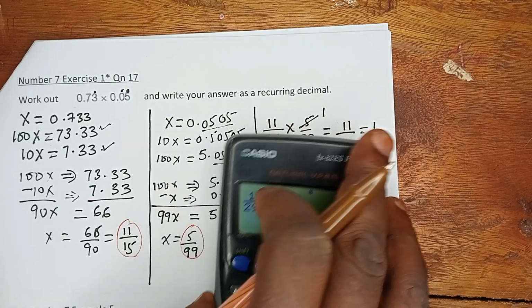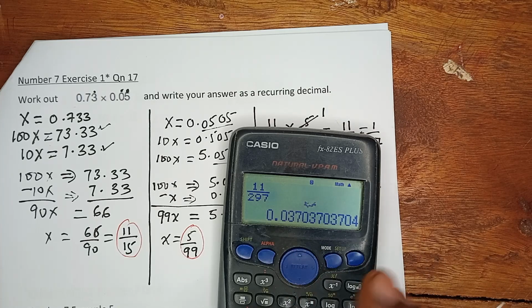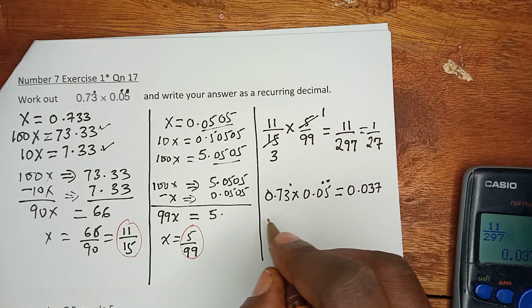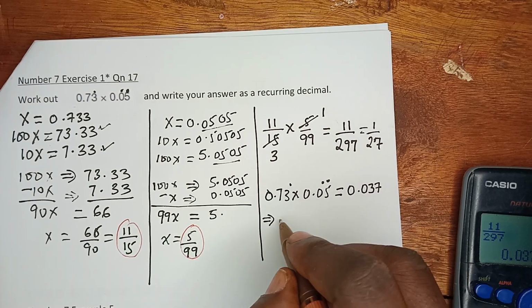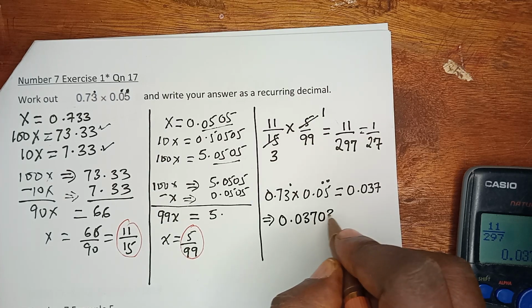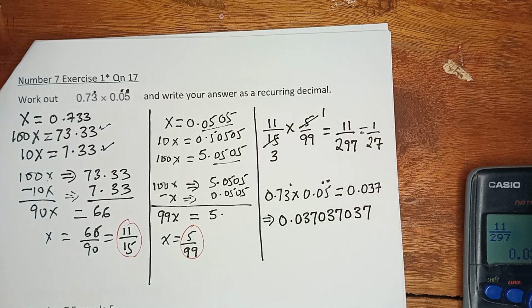What digits are recurring? 037, 037, 037. If you are to write it all out, we have 0.037037037, so that we can clearly see what is recurring.